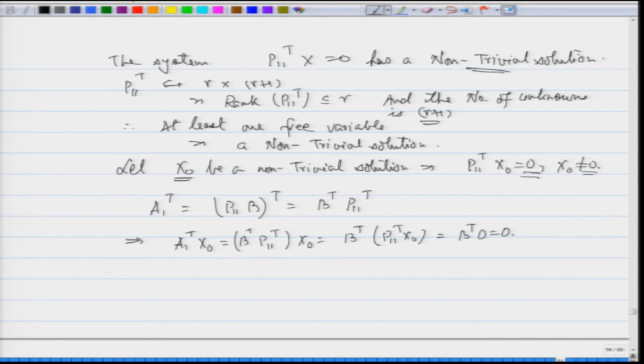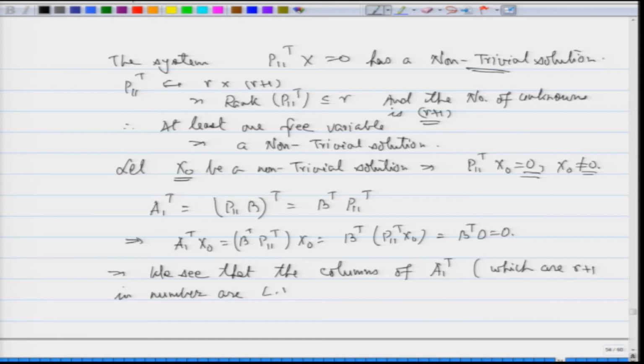All right. So, we see that the columns of A1 transpose, which are R plus 1 in number, are linearly dependent.